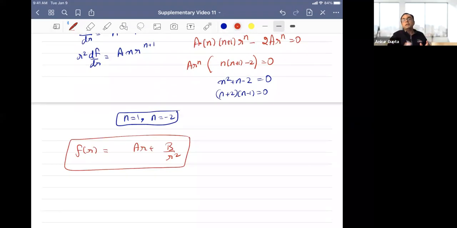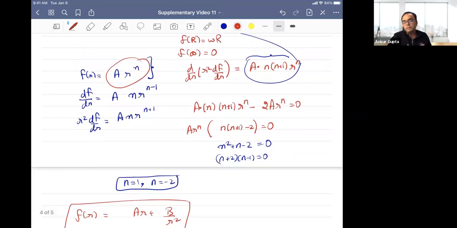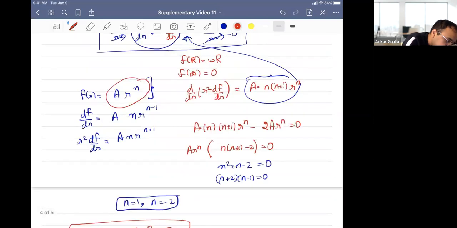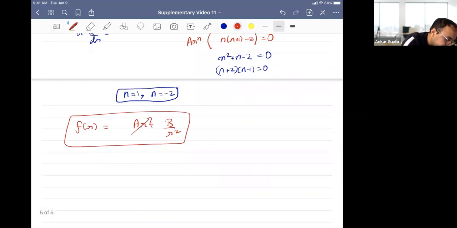Again, you may not have seen this before, completely fine. Basically substitute these as a polynomial expansion and you find what polynomials satisfy, and the coefficients is what you solve through boundary conditions. So we have an infinity here, so naturally the a will go to 0 because of this boundary condition, because if you put r equal to infinity, that's basically not going to work out.